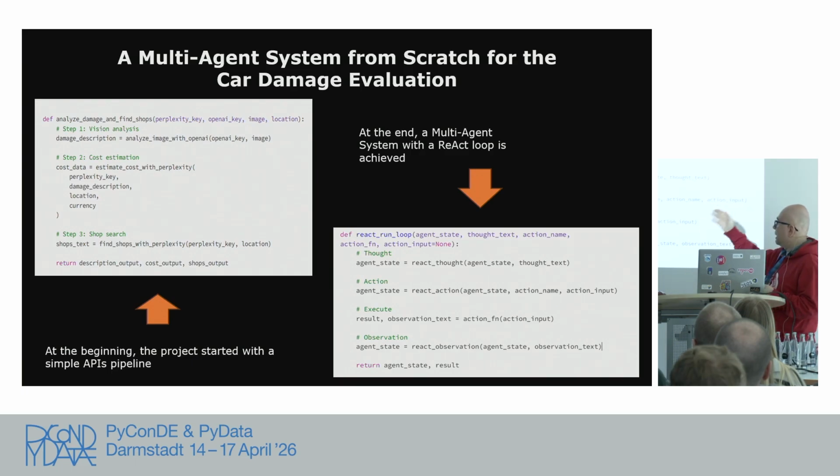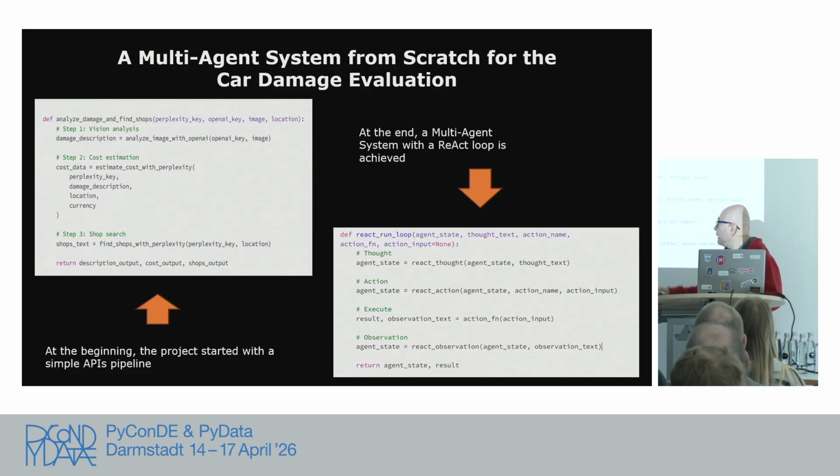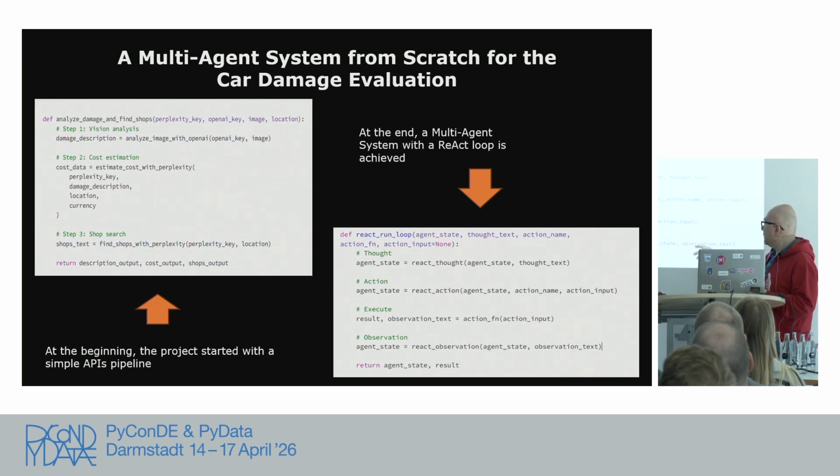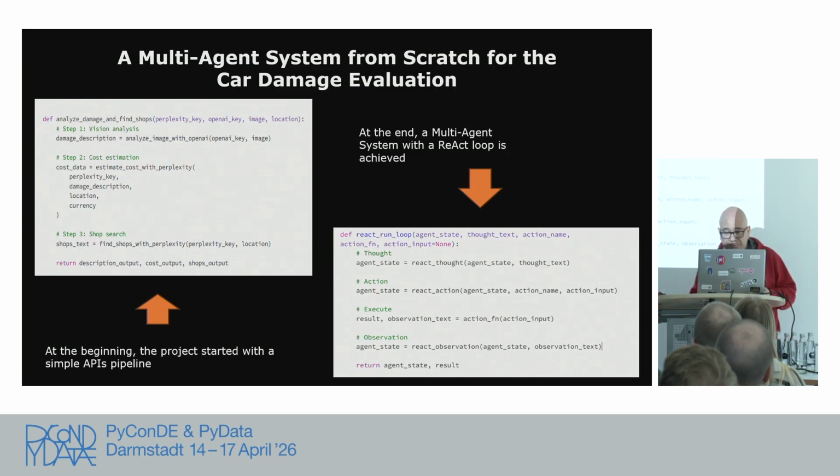Then there is the action, where the agent decides which function to use. Then there is the action function, which calls the API and retrieves the raw data, and with observation it sees the data. They are registered in the logs summary.